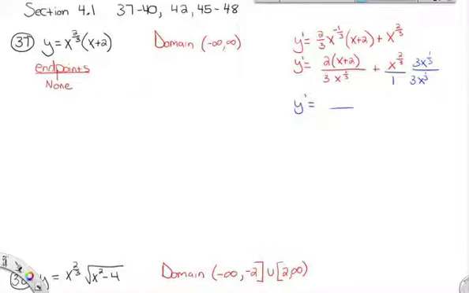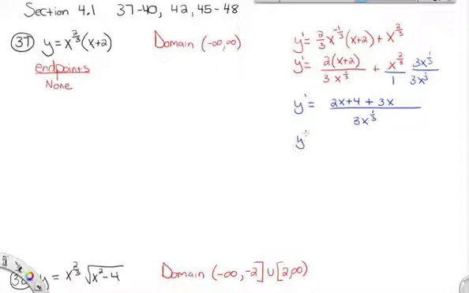And so that's going to give me a denominator of 3x to the 1/3, a numerator of, I guess I'll distribute that, 2x plus 4 plus 3x to the same base, add the powers, 2/3 and 1/3 is 3/3, x to the first.